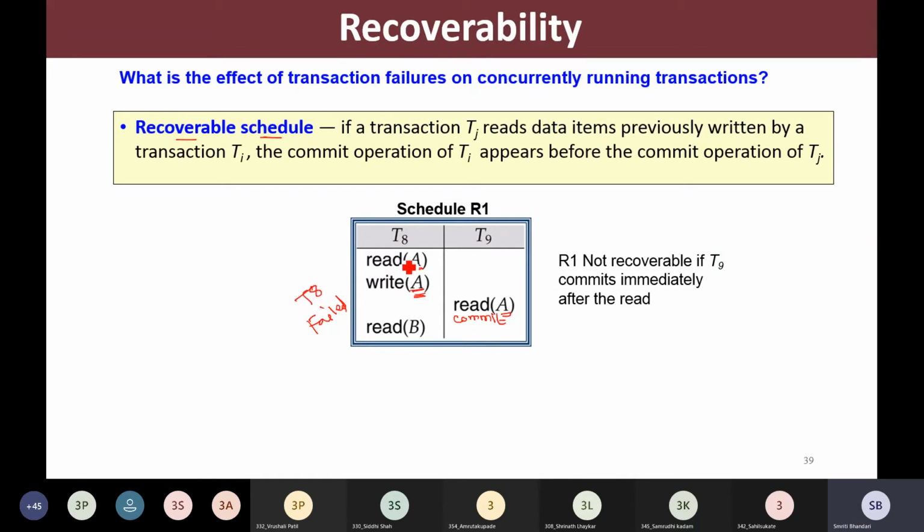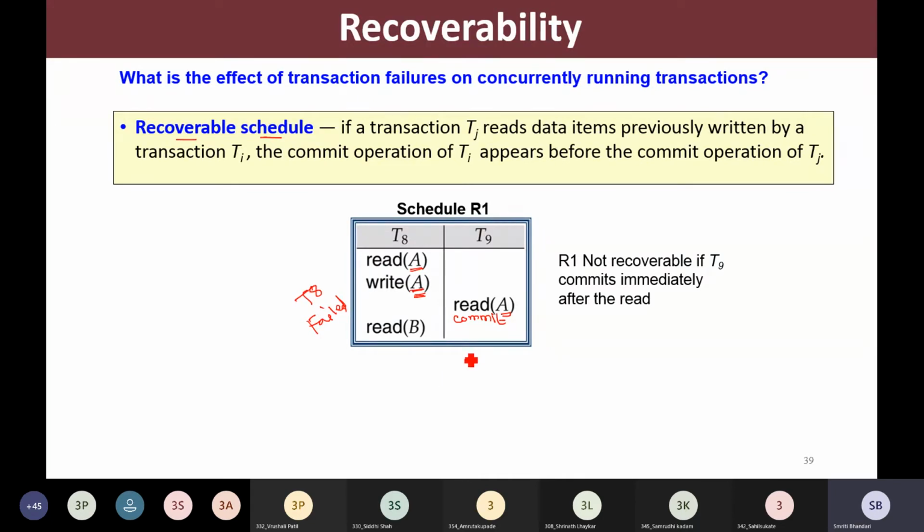Whatever was written by T8 is also reversed. But as T8 had not committed prior to T9, T9 could read that updated value A. Now T8 has failed and rolled back. So in this situation, I will say that this schedule R1 is not recoverable.